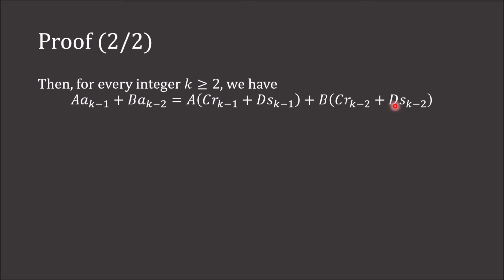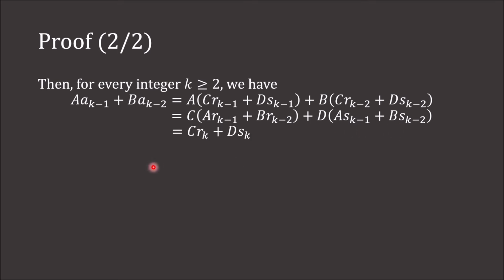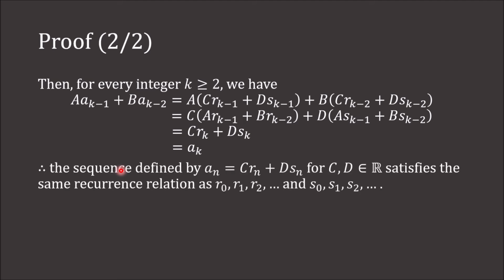Right, so let's group our R's together, so there's going to be a C common. And then we'll group our S's together, so there'll be a D common. But this here is just R sub k, right? And this here is just S sub k. But then this, by definition, would have to be A sub k. And so the sequence A sub n, which is C R sub n plus D S sub n, satisfies the same recurrence relation. And so the proof is complete.